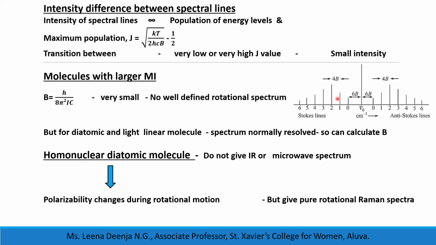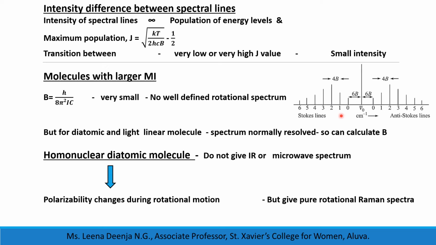That means the gap between two adjacent spectral lines will be very, very small. So, we cannot see a well-defined rotational spectrum for such a molecule with a larger moment of inertia. But for diatomic and light linear molecules, we normally get a resolved spectrum.